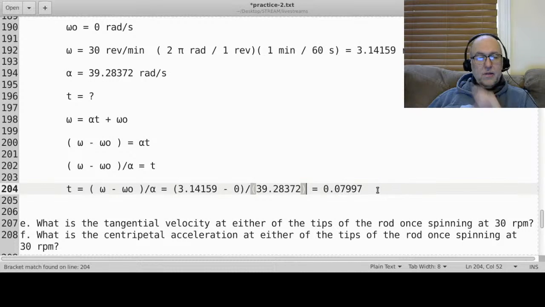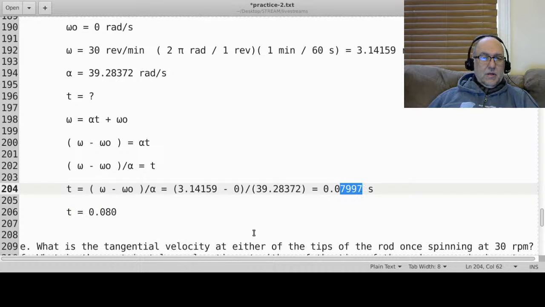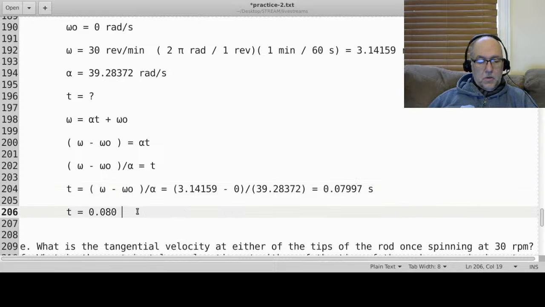A little less. Okay, there we go. Or I guess, rounding off, it'd be 0.080 seconds. Because if we round off to just three significant figures, this is a double round off. Okay, so there it goes. All right, so 0.08 seconds.